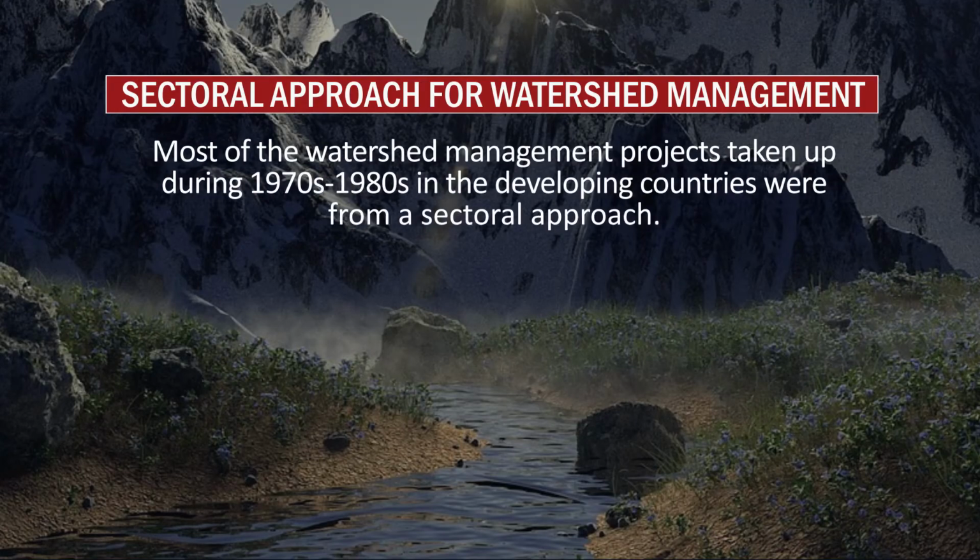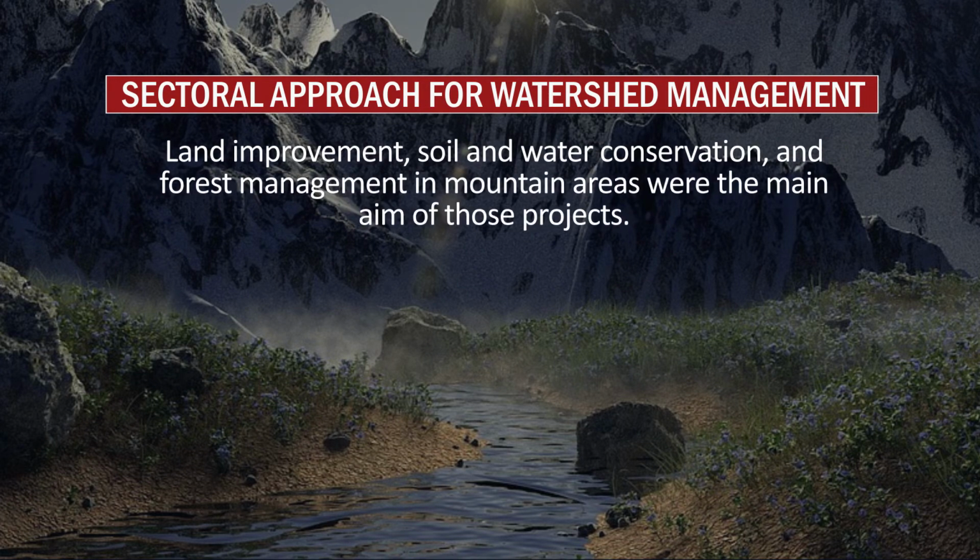Most of the watershed management projects taken up during the 1970s and 80s in developing countries were from a sectoral approach. Land improvement, soil and water conservation, and forest management in mountain areas were the main aims of those projects under the sectoral approach.